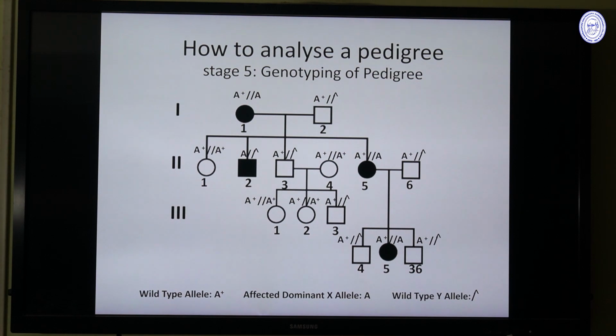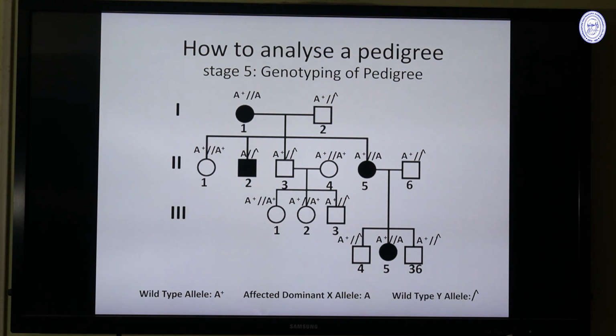This one is male, so it must have one Y and one X that is defective or affected, so A Y. This male is unaffected, so must be A+ Y. This is an outsider, present due to marriage, so must be A+ A+. This daughter should be A+ A, because the mother is passing this A, the affected X, to her daughter.